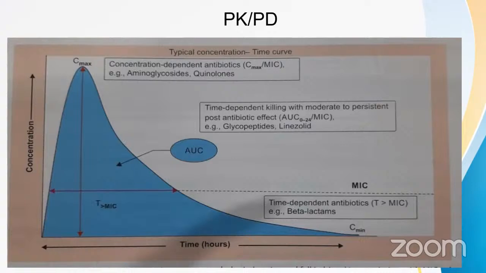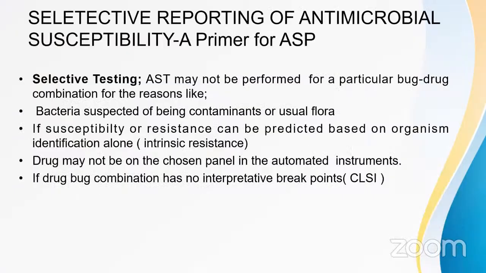For time-dependent antibiotics, it's the time the drug should be in the system at the level of MIC. That's why for beta-lactams, carbapenems, and all these, we give them as an infusion over a period of 3 to 4 hours.